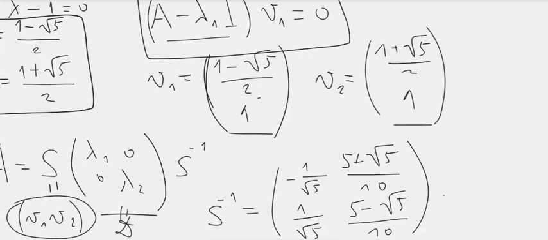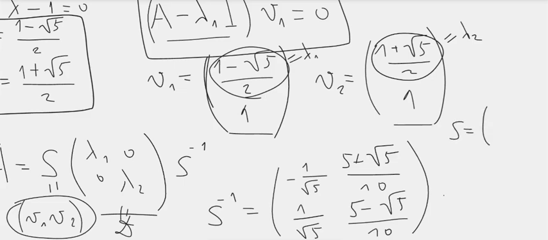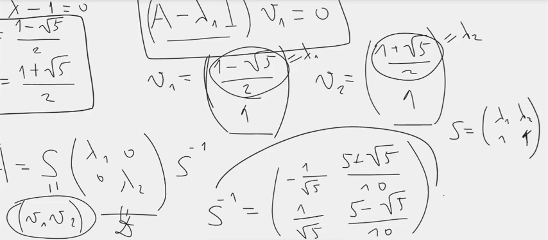Because this expression is exactly lambda 1, and this expression is exactly lambda 2. So this matrix S can now be rewritten as S is equal to lambda 1 1, lambda 2 1, like this. And now the matrix S to the power minus 1, here we have it.